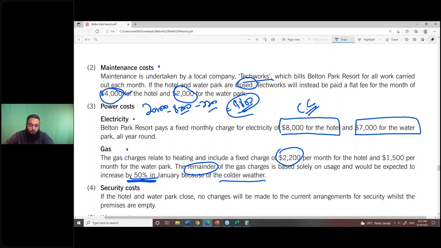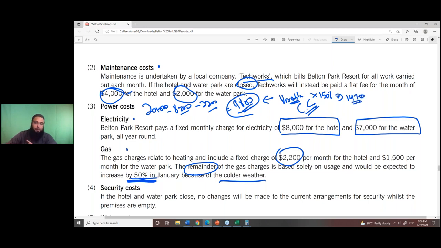Now, first of all, this is a variable one. So this will continue to arise, because it depends on the usage. So it's basically something that will continue. But not only will this continue, it will increase by a further 50% because of the colder weather, which means you have to multiply this with 150% so that you also incorporate the impact of the extension here, and that makes it 14,700.